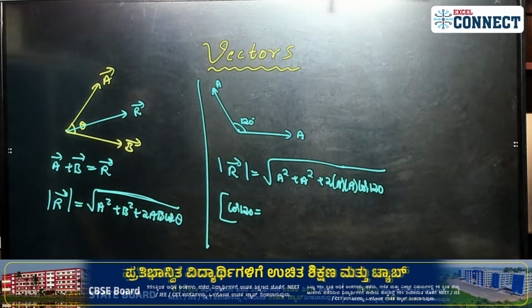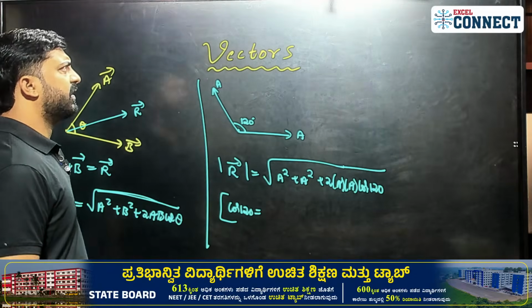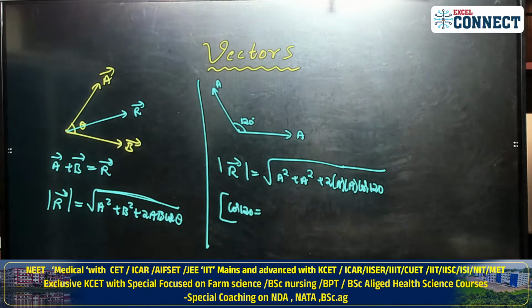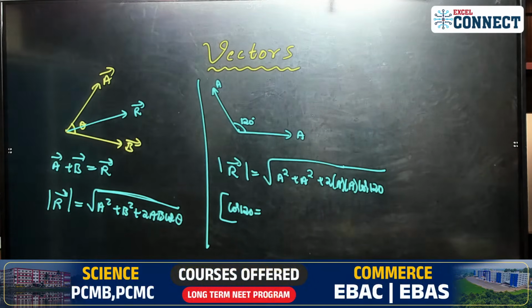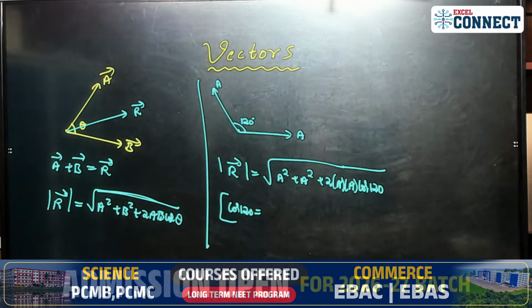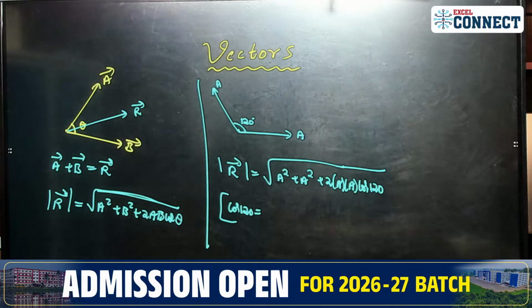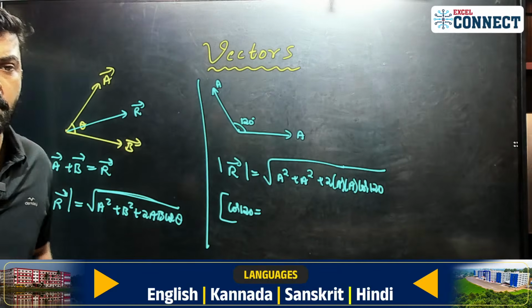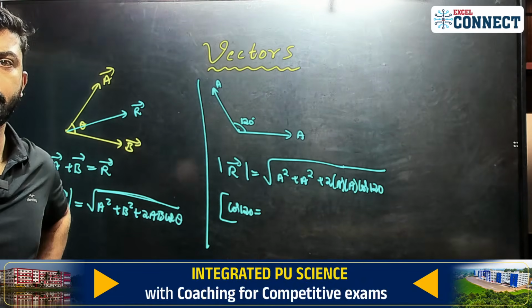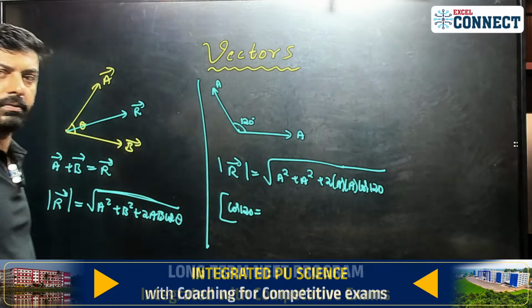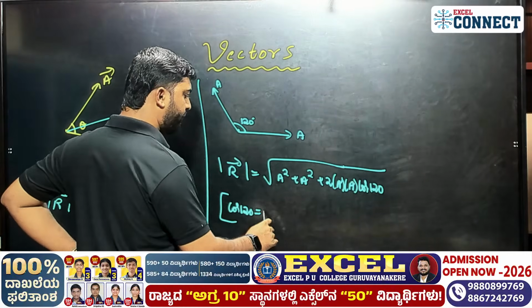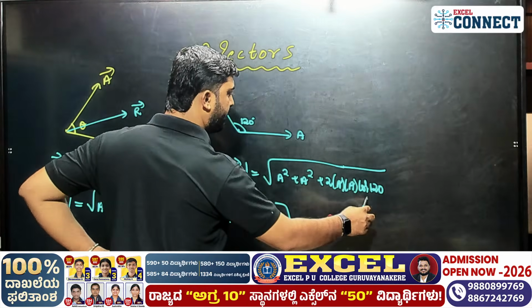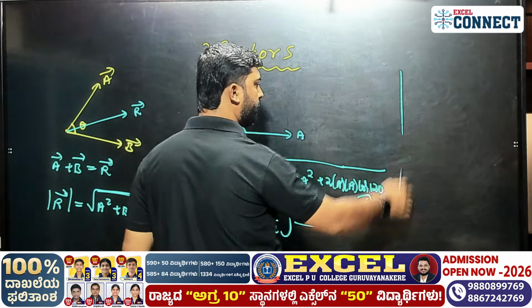What is the value of cos 120? The cos 120 value is minus half. You substitute the value here, then what will be the answer?